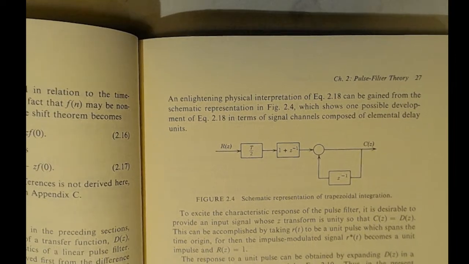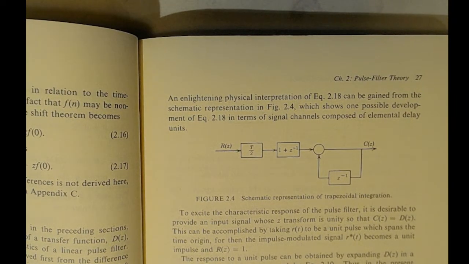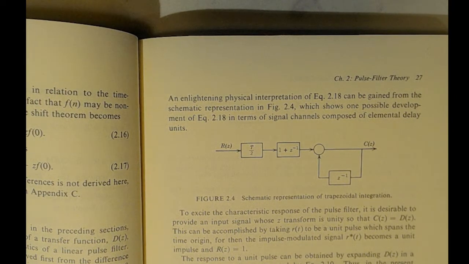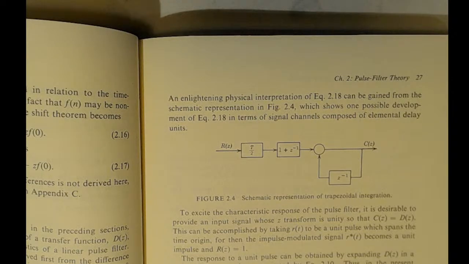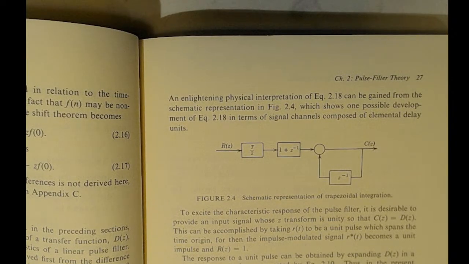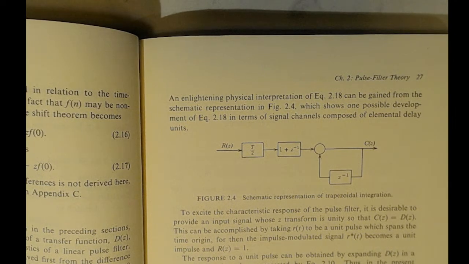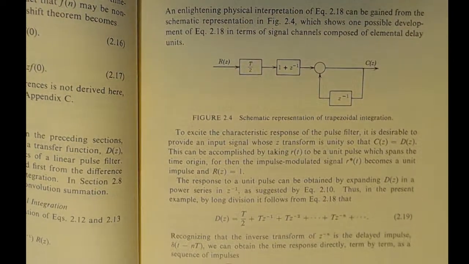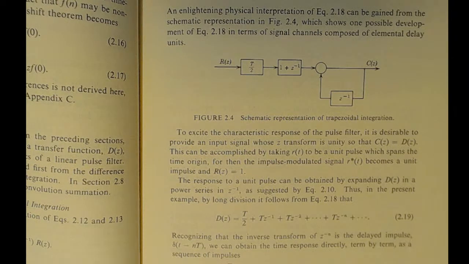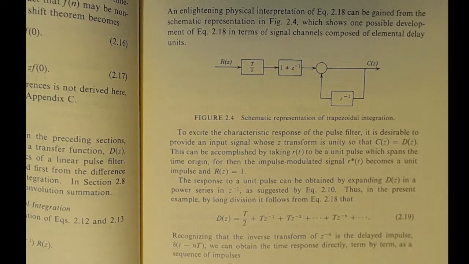An enlightening physical representation of equation 2.1 can be gained from the schematic representation in figure 2.4, which shows one possible development of equation 2.18 in terms of signal channels composed of elemental delay units. Okay.